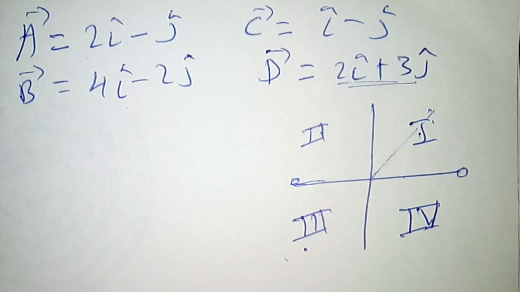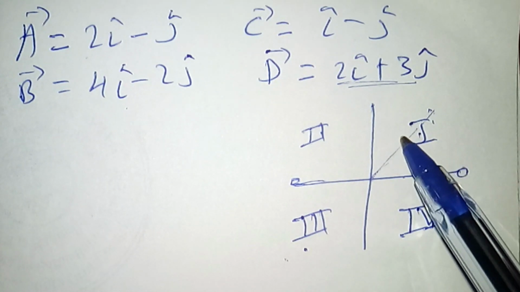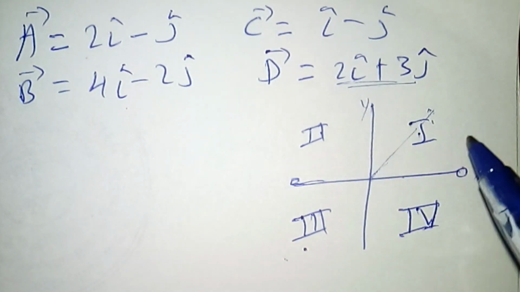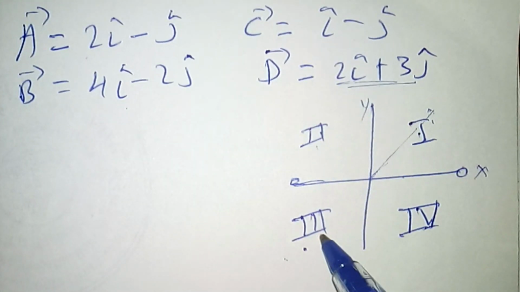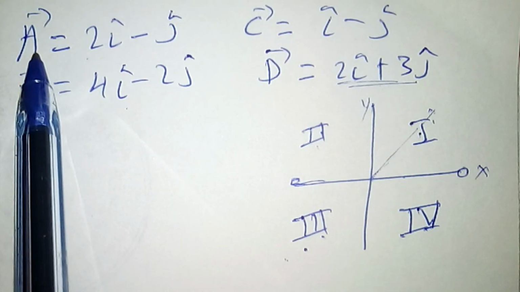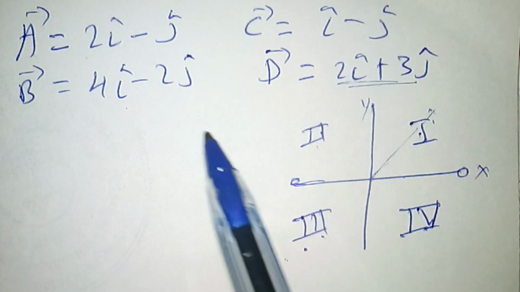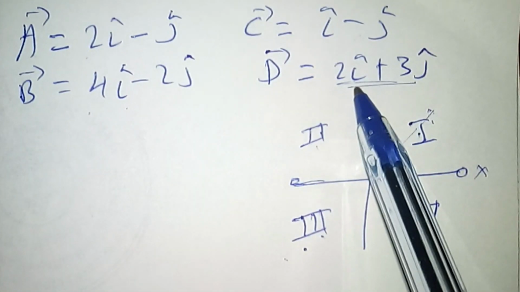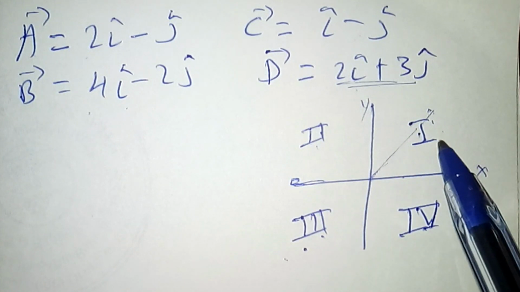For example, we can see here that we have the 4 quadrants. If these are the x and y axes, quadrant 1, quadrant 2, quadrant 3, and quadrant 4. If we check all the vectors, vector A exists in quadrant 4, B is in quadrant 4, C is also in quadrant 4, and D is in quadrant 1, the first quadrant.